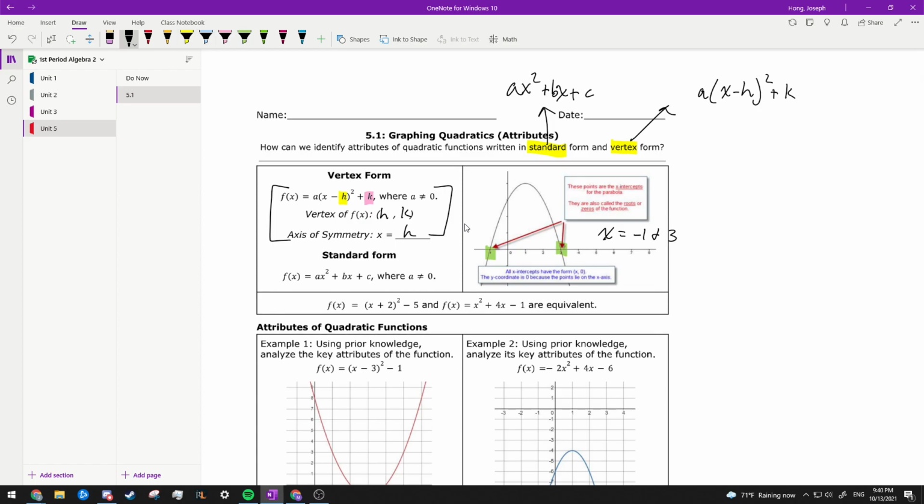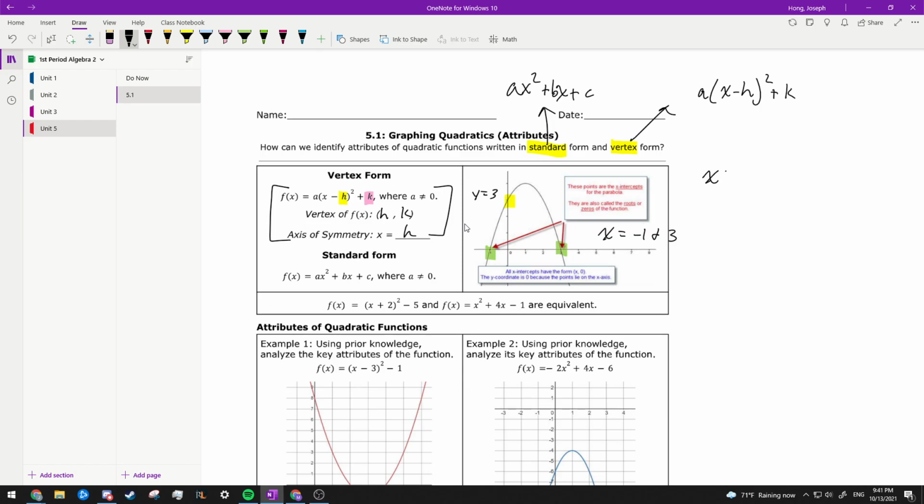And I'm going to also say the y-intercept here. This is 1, 2, 3. Y equals 3. This little box right here is actually very important, where it says the x-intercepts of a parabola are also known as roots and zeros.